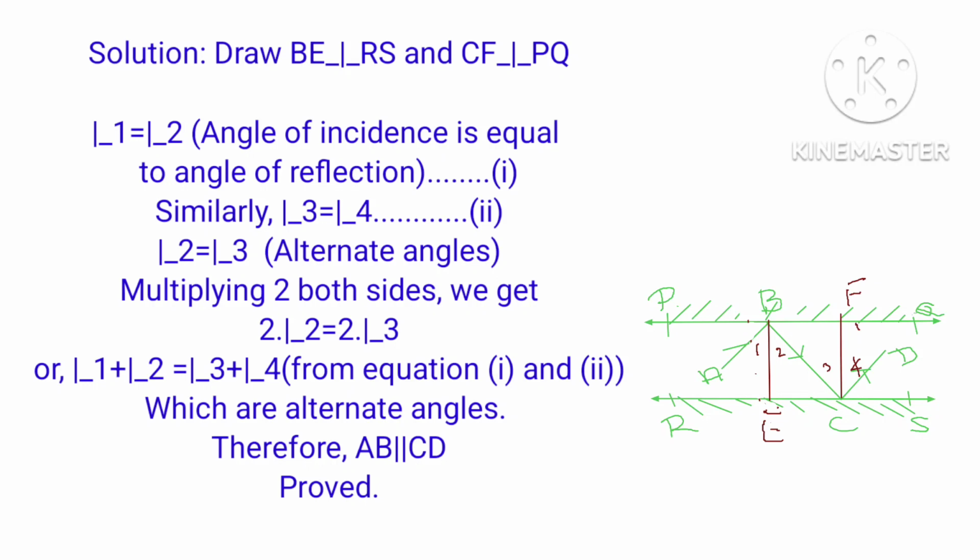So we can write angle 1 plus angle 2 is equal to angle 3 plus angle 4 from equations 1 and 2. Now angle 1 plus angle 2 is equal to angle ABC, and angle 3 plus angle 4 is equal to angle BCD, which are alternate angles. Therefore, AB parallel to CD proved.